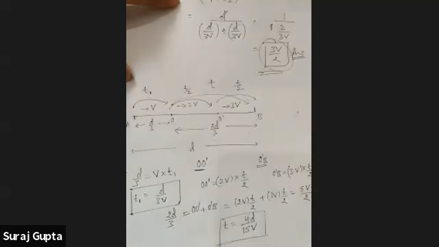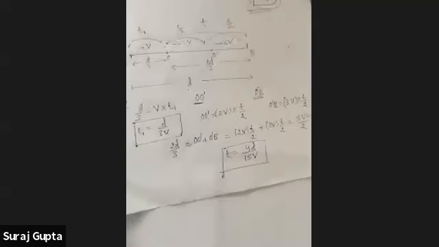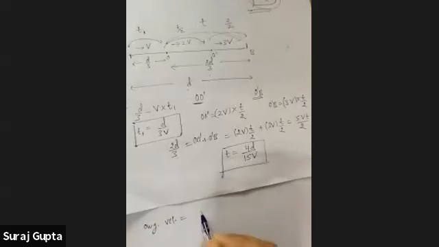Total displacement we have assumed between A and B is d, upon total time, which is t1 plus t.